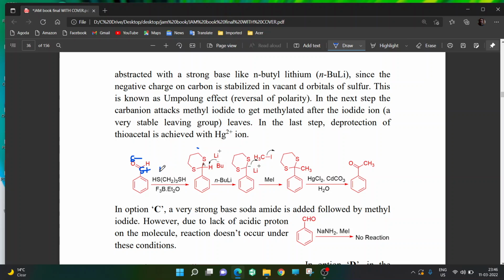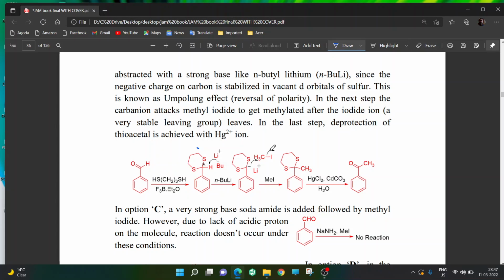So a nucleophile wants to attack here, and this aldehyde acts as an electrophile. But after forming this thioacetal, this positive polarity has become negative polarity. So there is a reversal of polarity. This is called the Umpolung effect. Now this acts as a nucleophile rather than as an electrophile.